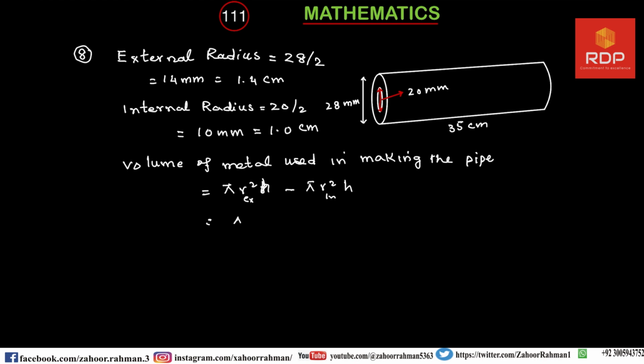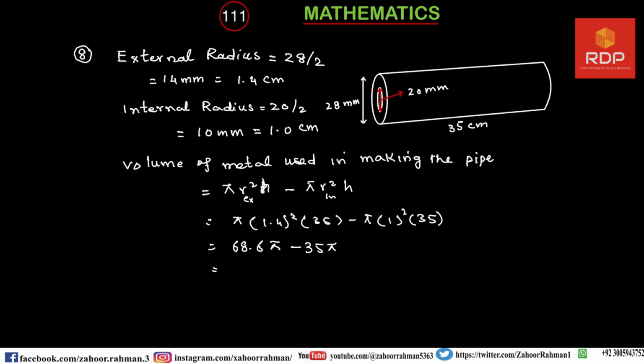If we put in the values, we have the external radius as 1.4 and the internal radius as 1, and in both cases the height is 35. So we simply insert them, and 68.6 pi minus 35 pi will be the outcome of these two.